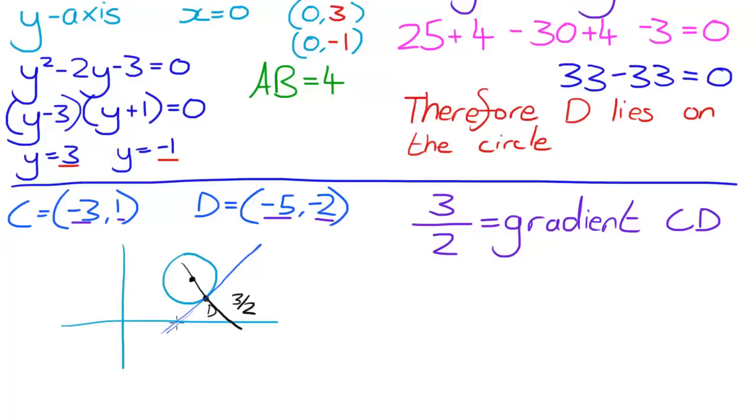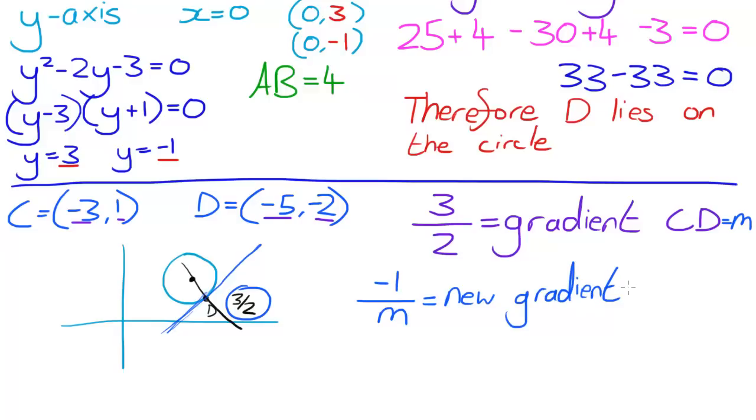So the gradient of this line is going to be the perpendicular gradient to this one. So how do we do that? Well, if we say that the gradient is m, then we go minus 1 over m. That's going to be our new gradient, or the gradient of the tangent line, to use the proper terminology.